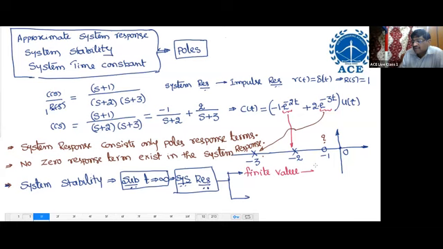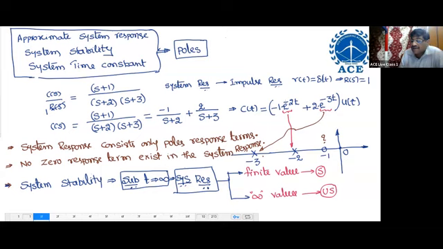In case you are getting an infinite value, then that system is unstable. So now substitute t tends to infinity, we get 0, that means stable.